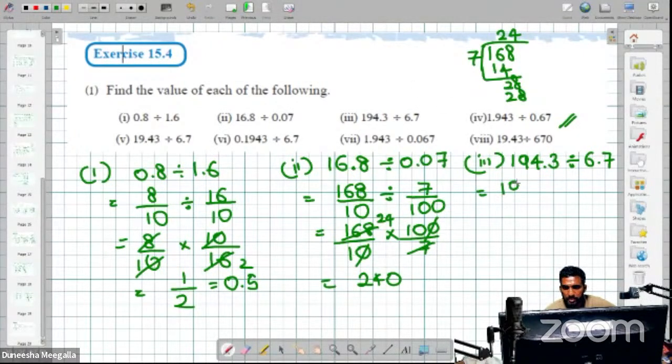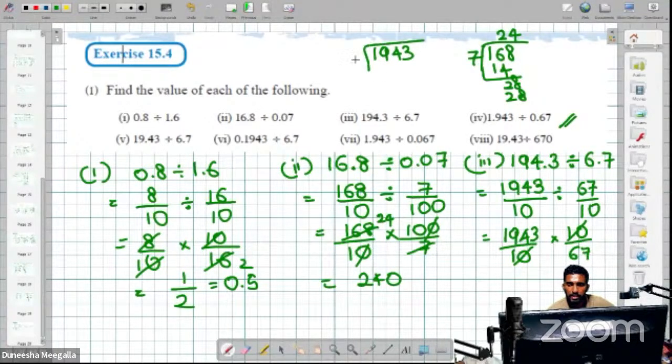We can get 1943 over 10, and 6.7 as 67 over 10. 1943 divided by 67, what did you get? How many 67s are there in 1943? 29. Is it 29?